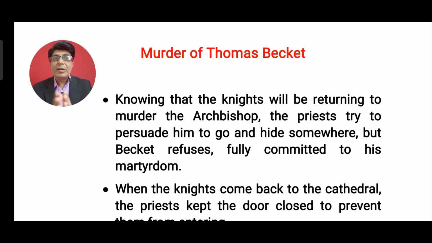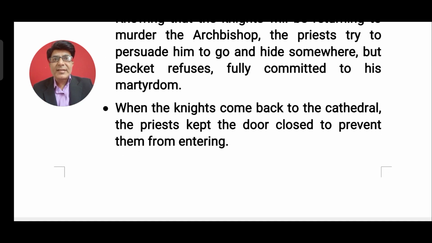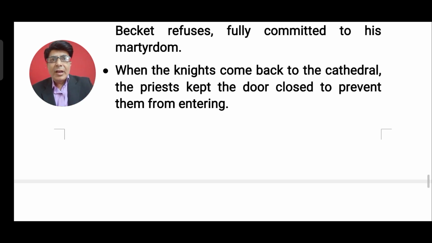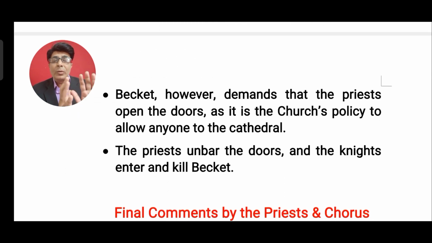Knowing that the knights will be returning to murder the Archbishop, the priests try to persuade him to go and hide somewhere, but Becket refuses. Becket says that he is not afraid of anything and anyone. When the knights come back to the cathedral, the priests keep the door closed in order not to allow the four knights to kill Thomas Becket.